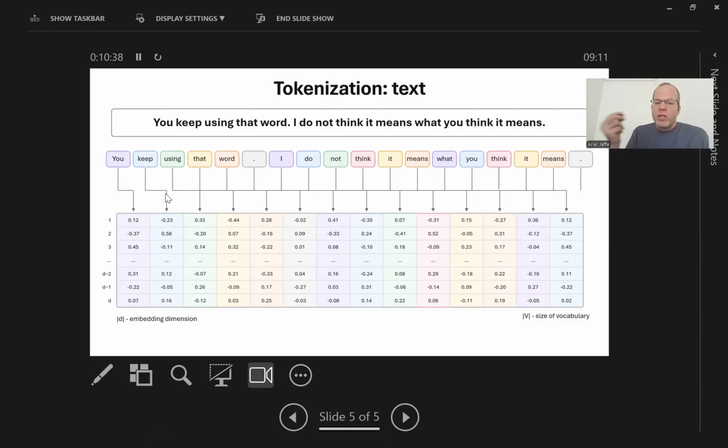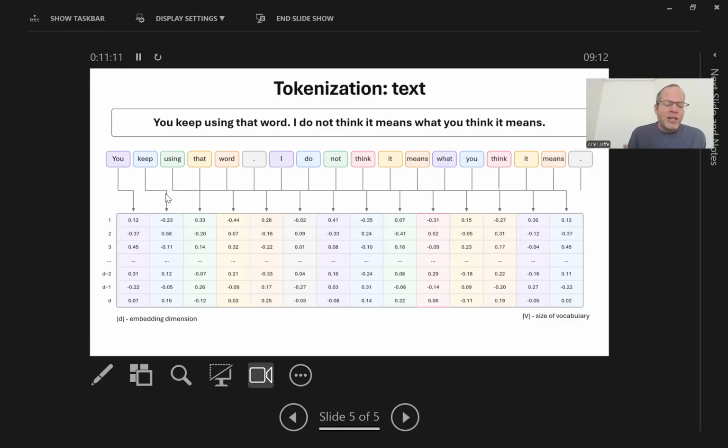Before we add the positional information, which will be treated in the next video, the representation will be identical for these two words because they are the same. And this matrix, by the way, is also a trainable part of the whole transformer architecture in modern architectures.